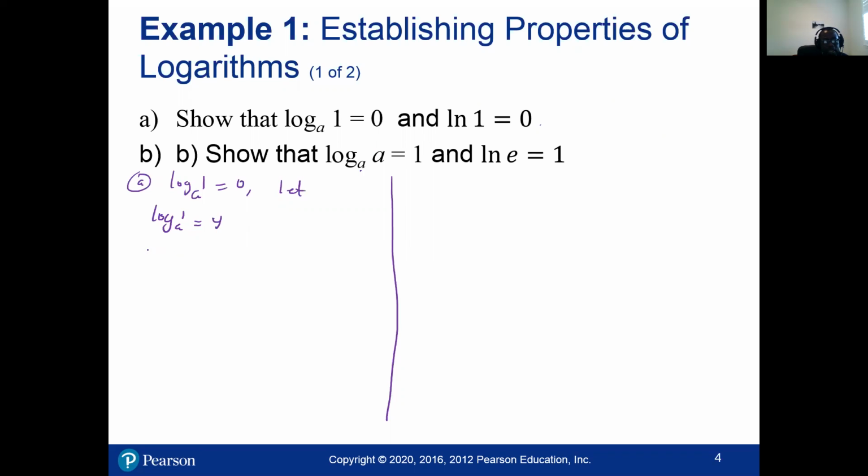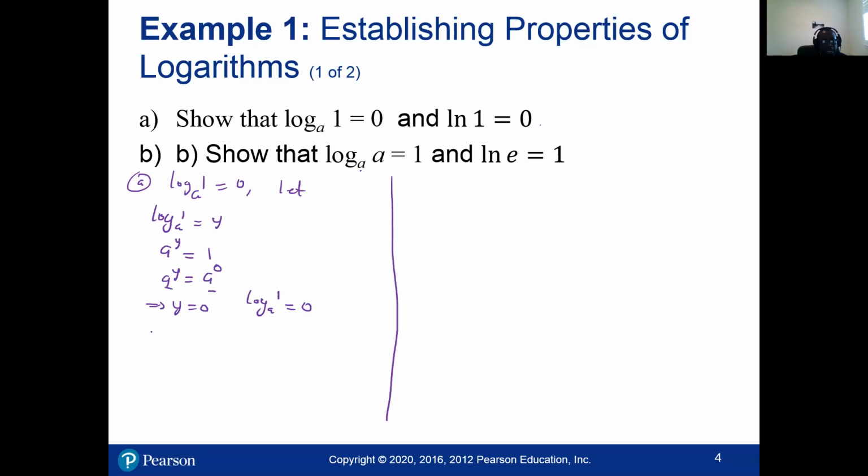So we can write it as an exponential function: a raised to y is equal to 1. Now we know that 1 is always the same as a raised to 0, so a raised to 0 equals a raised to y. This means that y is equal to 0, because the bases are the same. Therefore, the log of 1 base a is equal to 0.